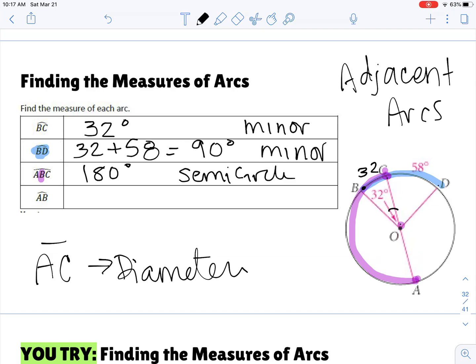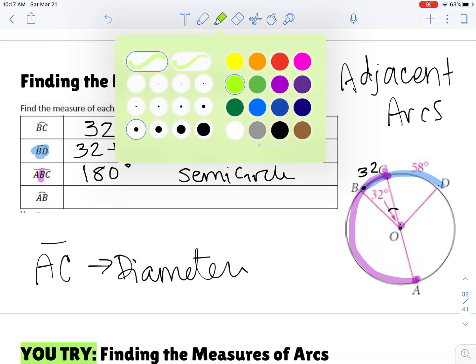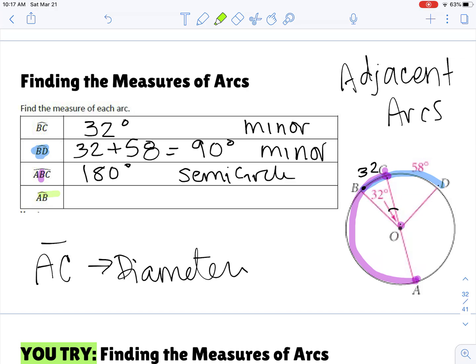And then lastly, we want to find the measurement of arc AB. So arc AB is from here. These are the endpoints. We know we're not going to the right of A because it's a minor arc. There's only 2 letters. So we would go from here to here. Well, we already talked about how BC is 32 degrees, and we know that this whole purple arc is worth 180.